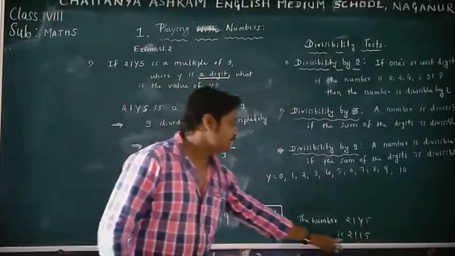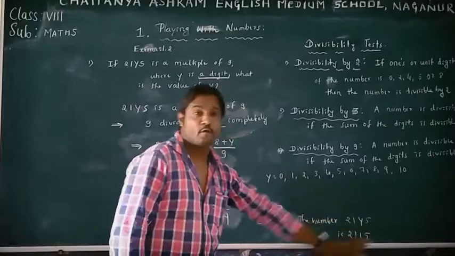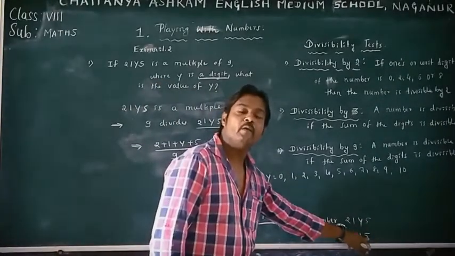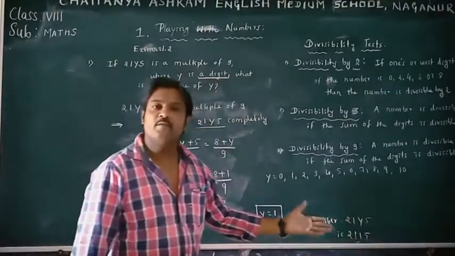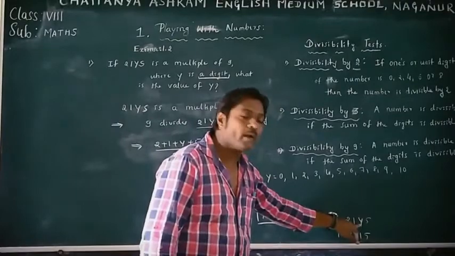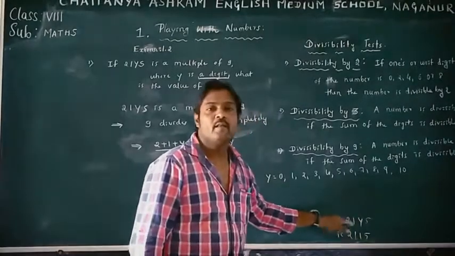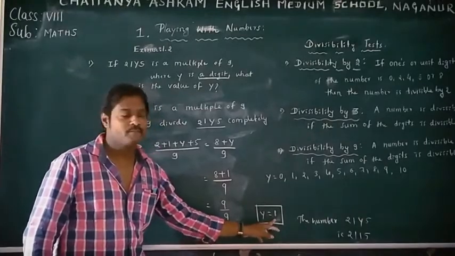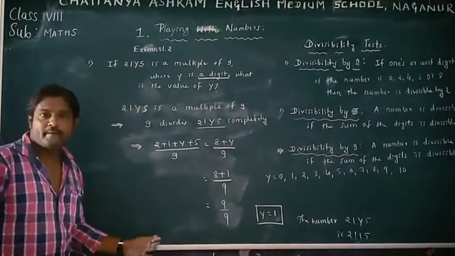Check whether this number is divisible by 9 or not. 2 plus 1 is 3, 3 plus 1 is 4, 4 plus 5 is 9. The sum of the digits is divisible by 9, so this number is divisible by 9. The value of y is 1. Understood? Write the solution.